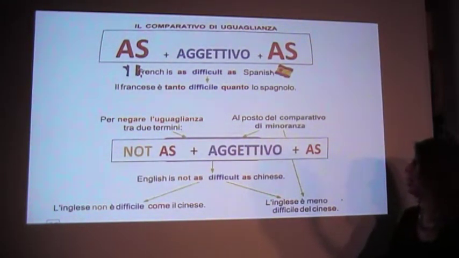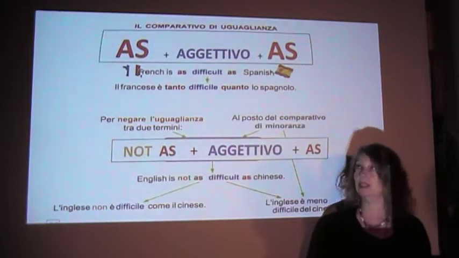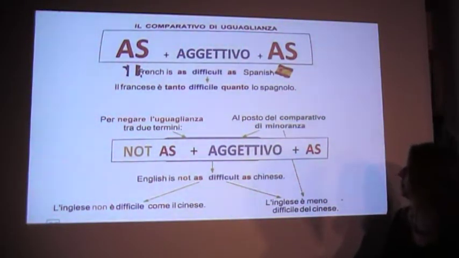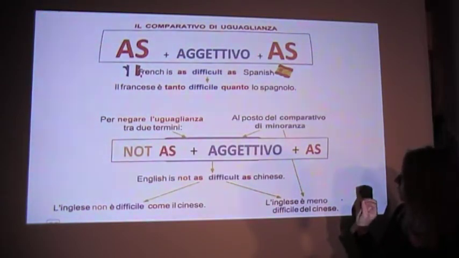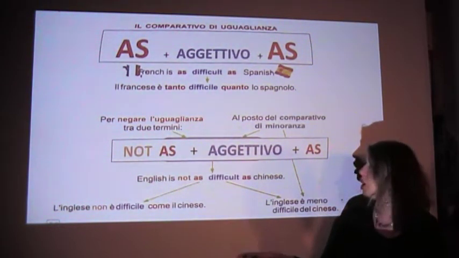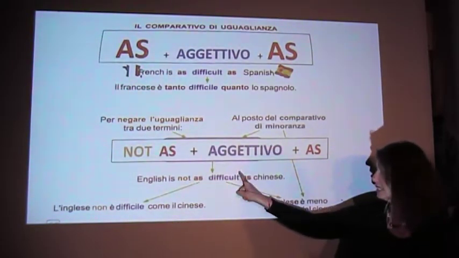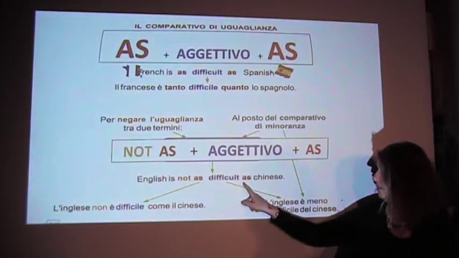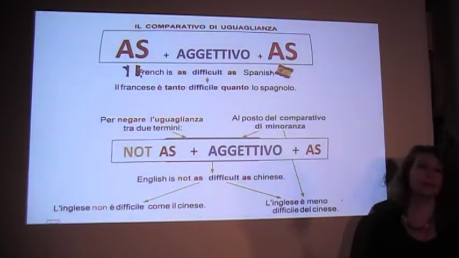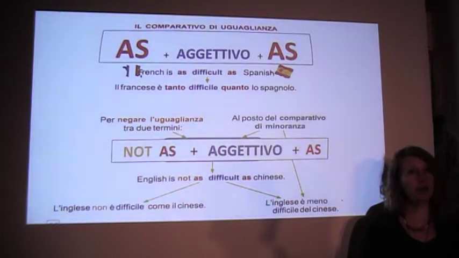So French is as difficult as Spanish, but you can also use the negative form of this comparison, and you can say English is not as difficult, the adjective, as Chinese. Okay, next one.